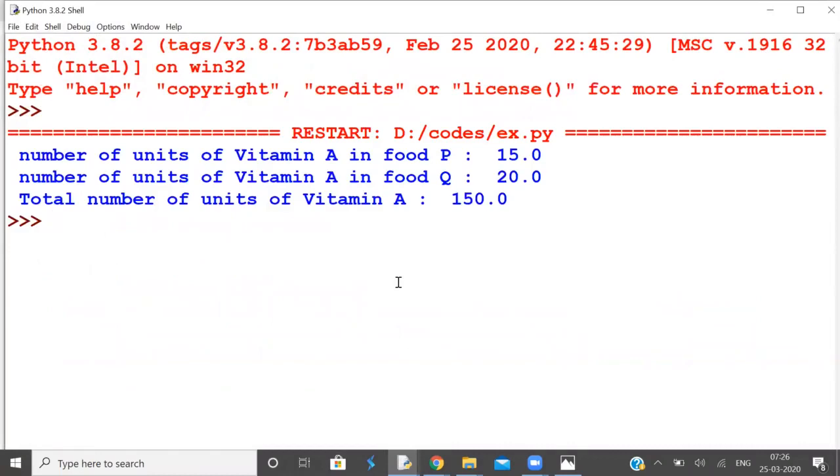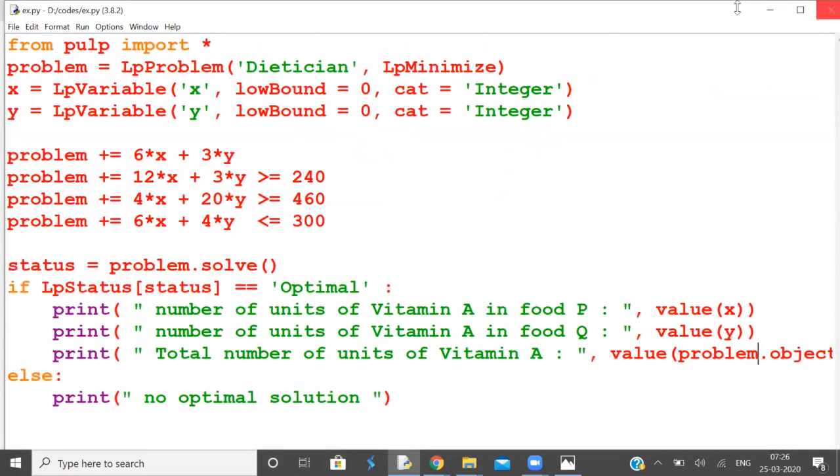So vitamin A in P is 15, vitamin A in Q is 20, total number of units is 150. It should not exceed 150. You can relax the constraints and see the solution. Suppose you need more calcium.